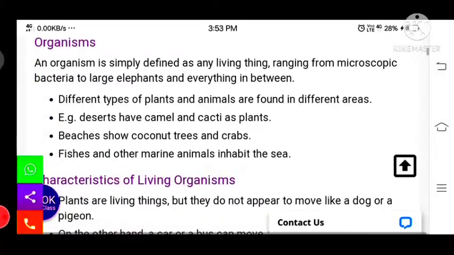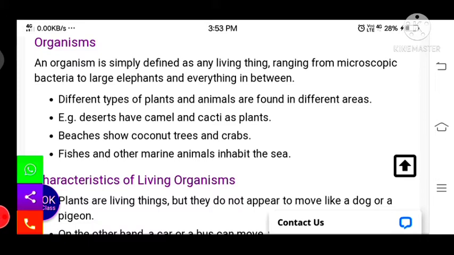Organisms. What are organisms? An organism is simply defined as any living thing, ranging from microscopic things like bacteria.